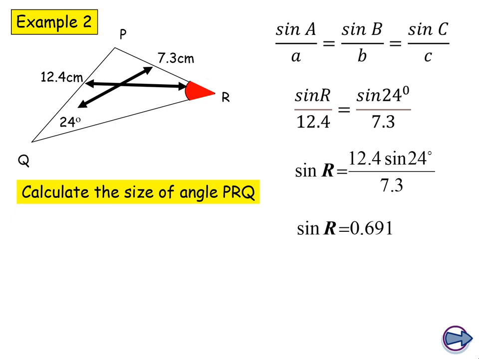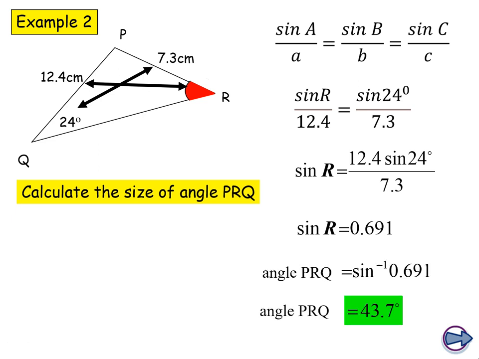Again, you get a decimal answer, 0.691. That's the sine of angle R. So how do you work out angle R or angle PRQ? Sin to the minus 1 of that, which is 43.7 degrees.